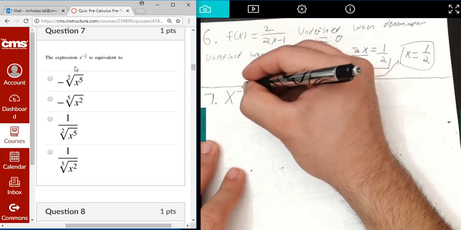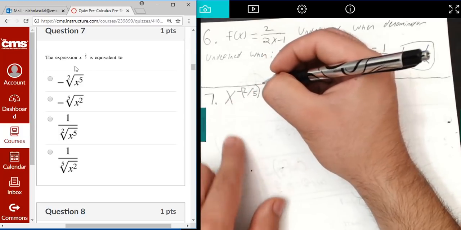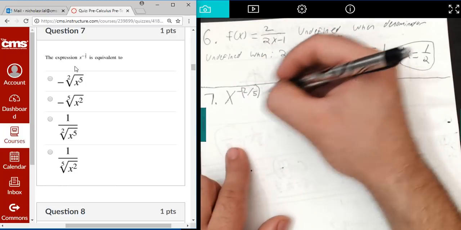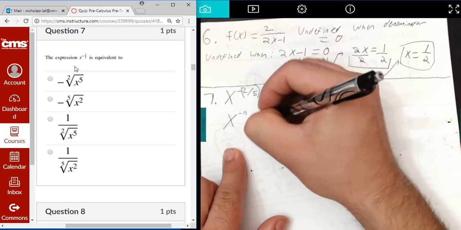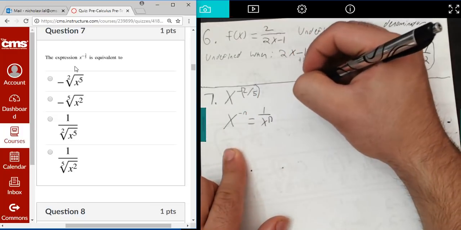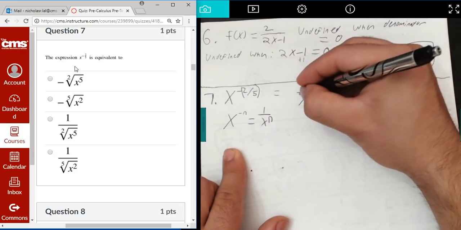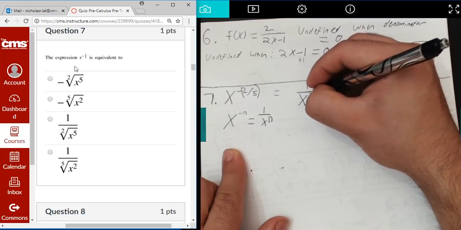Using our laws of exponents, we have to evaluate this negative first. So x raised to a negative power, in general, x to the negative n is equal to 1 over x to the n. That's part of the law of exponents. So this is equal to 1 over x to the 2/5.